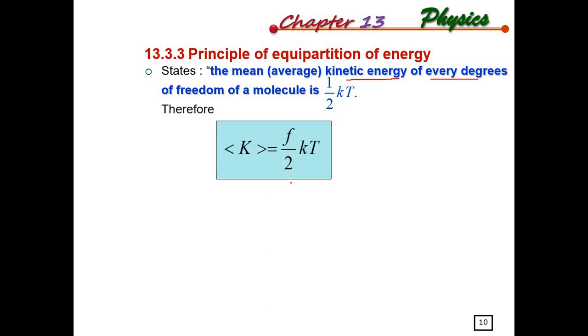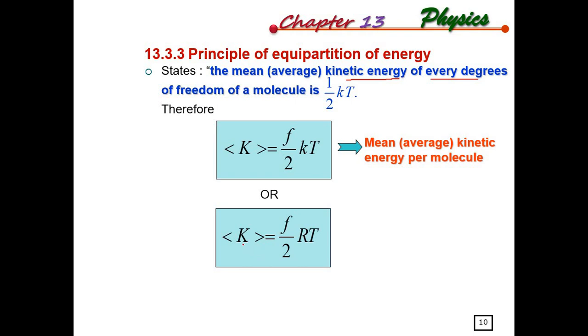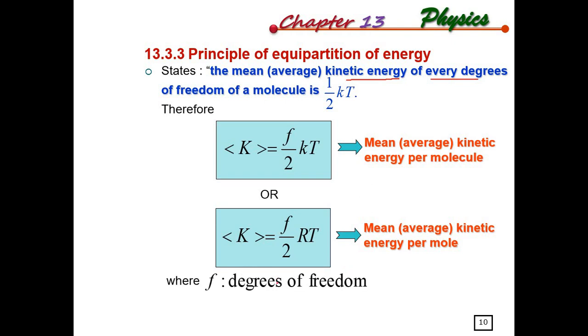Therefore, the translational kinetic energy equals F/2 times k times T. This is the average kinetic energy per molecule, whereas we have another equation, K equals F/2 times R times T, for the average kinetic energy per mole. F is the degrees of freedom, T is the absolute temperature, and R is the molar gas constant.